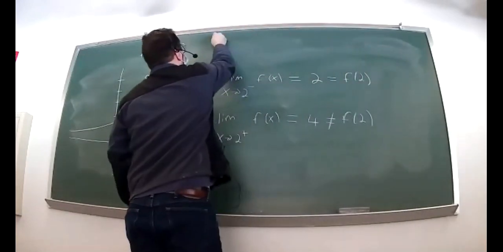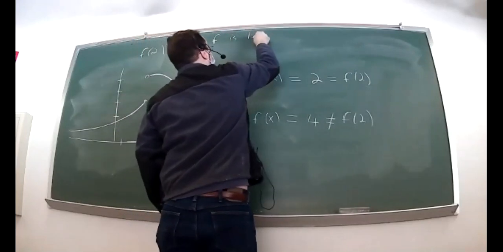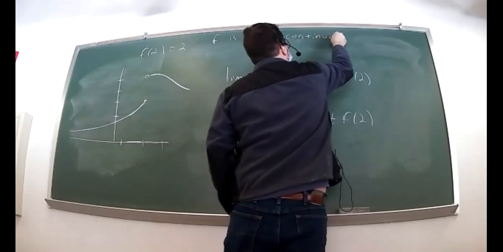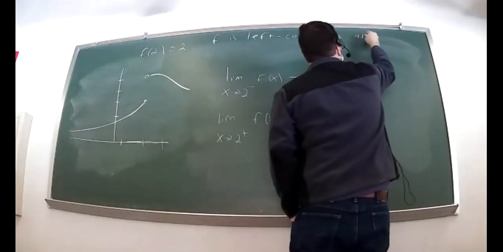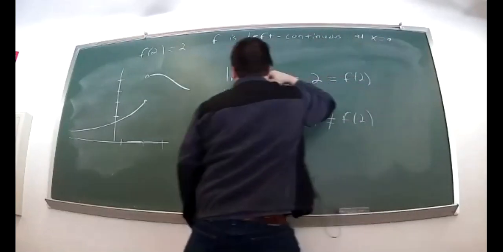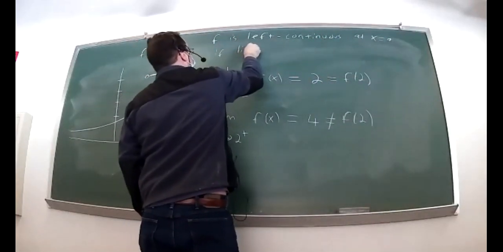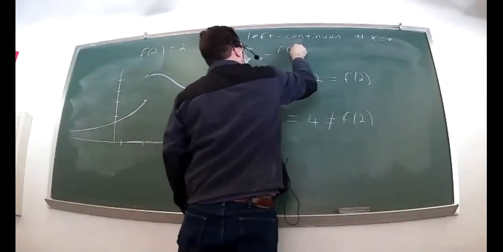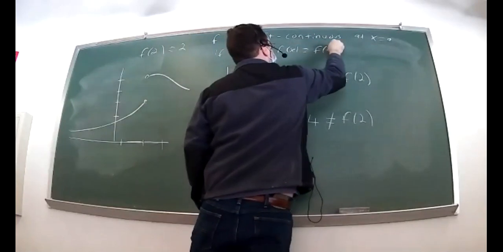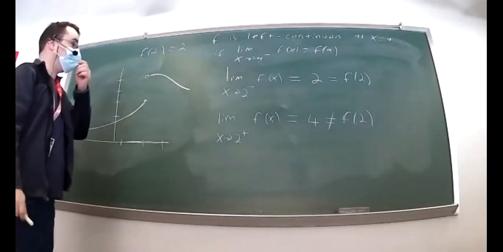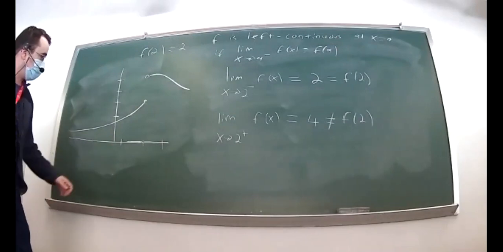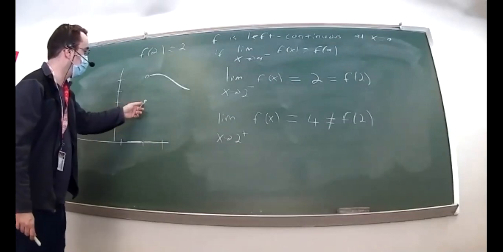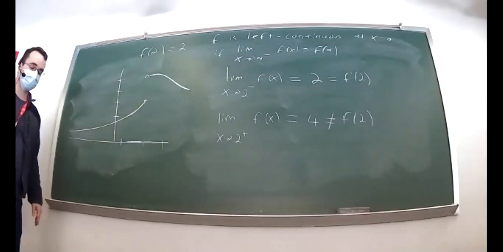So we can say that f is left continuous at x equals a if the limit as x approaches a from the left of f of x is equal to f of a. And in our particular example, our schematic example, a was equal to 2. And the limit as x approached a from the left was equal to f of 2.